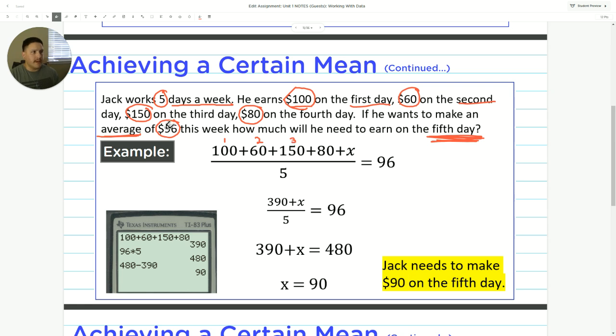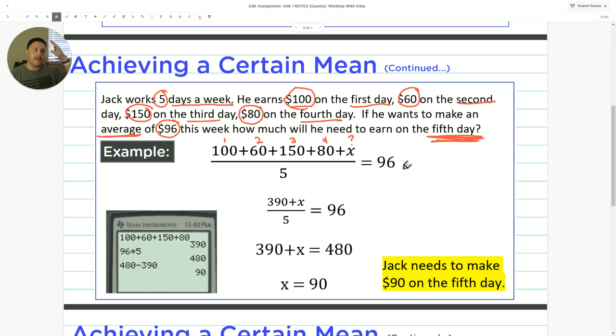On the third day, he made 150. And on the fourth day, he made 80. But we don't know how much he made on the 5th day. However, we do know that he averaged, of those 5 days, $96. So this whole process equals $96.